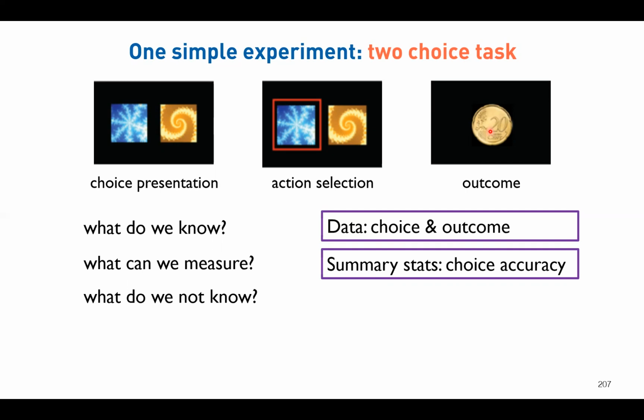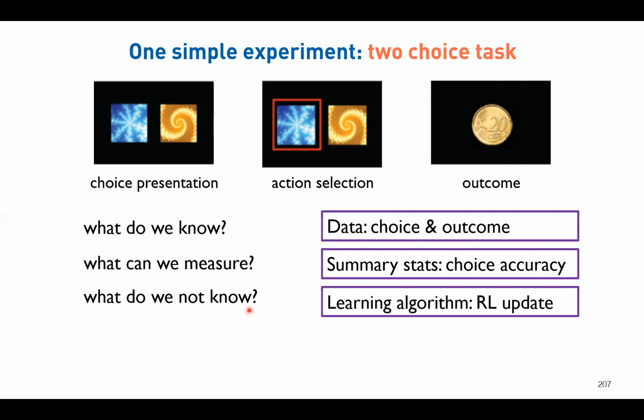But if we want to use a model, what is the question that we can ask as an experimenter, as a researcher? In other words, what we want to know is what is the possible learning algorithm under the reinforcement learning framework.